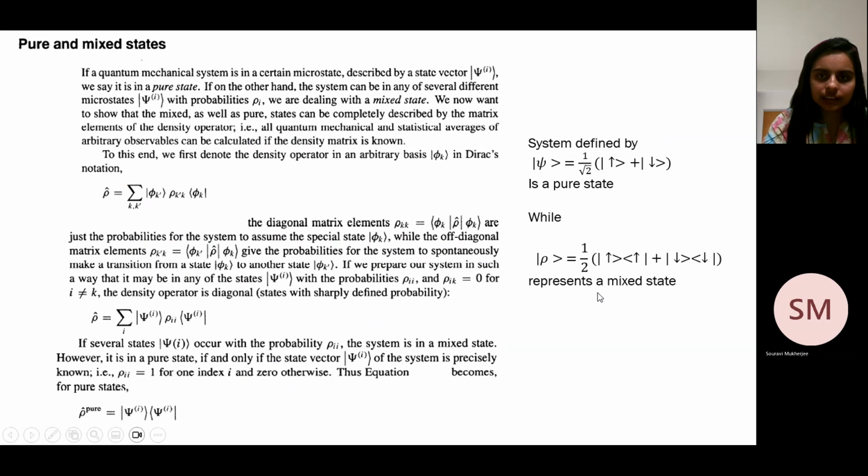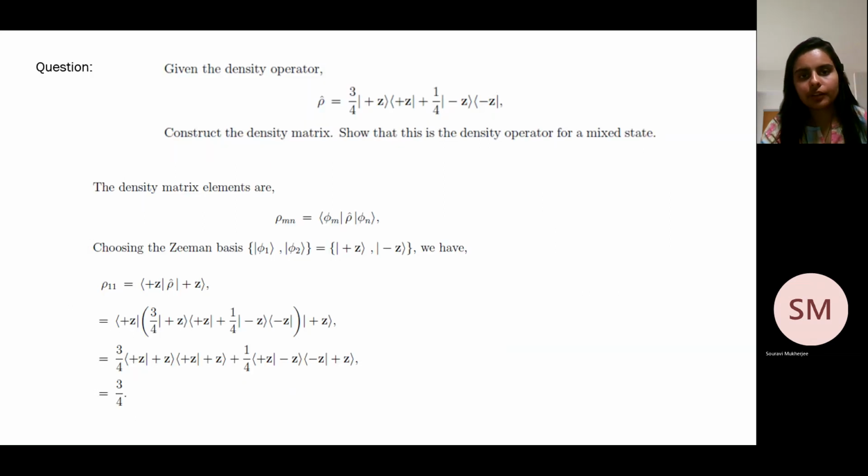We saw that the trace of rho square is a measure of whether your system is a mixed one or a pure one. For a pure state, rho square is equal to rho, so the trace of rho square is 1, while for a mixed state, the trace of rho square is not equal to 1. So if you find the trace of rho square, where rho is the density matrix, you can tell whether your system is a mixed one or a pure one.